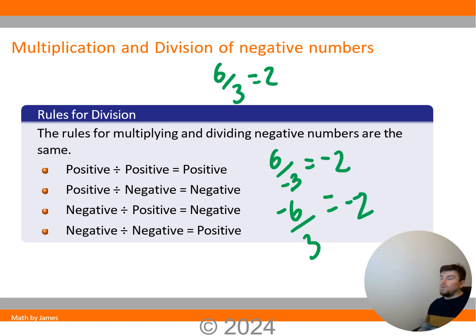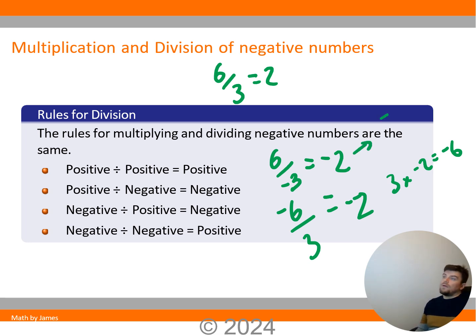Really, really important to learn this and have a go at the quizzes as well. We can fit in negatives because 3 times negative 2 is negative 6. So we can reverse it round and apply the same logic to the multiplication. And it's exactly the same here.